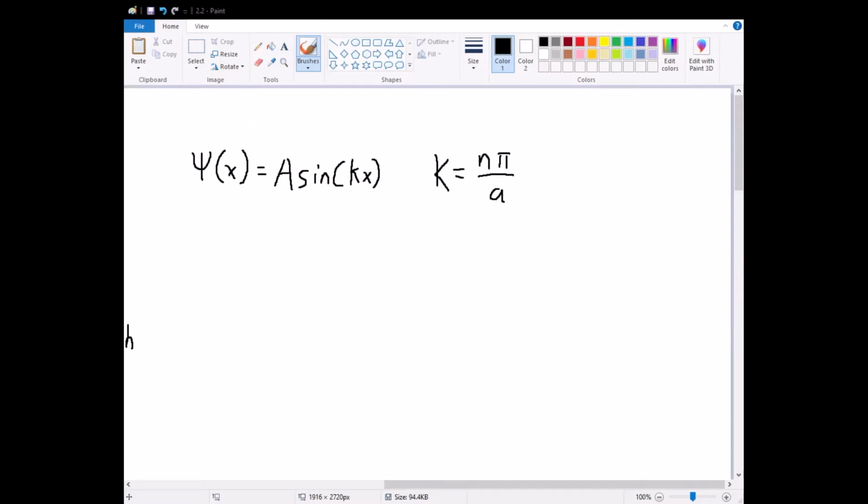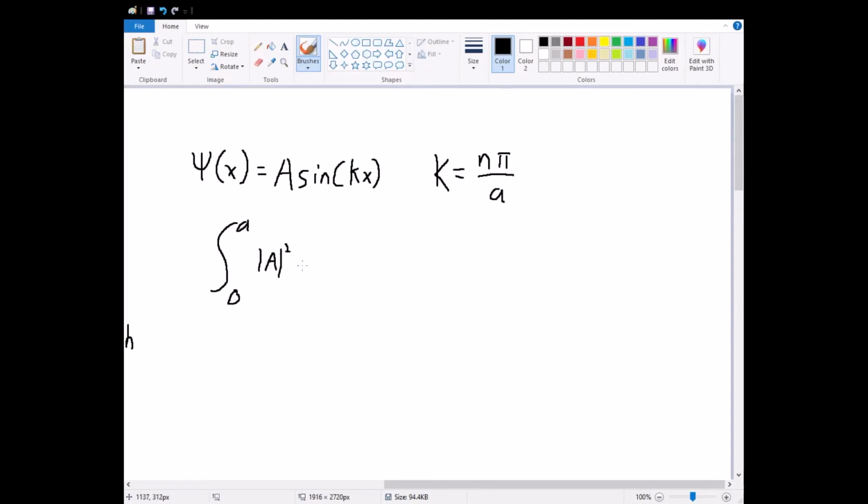We are almost done with our long derivation journey here. The only thing we have left to do now is to find the normalization constant A. So let's do that right away. We know that psi has to be normalized, so we can enforce the condition that the integral, not from negative infinity to positive infinity but from 0 to a, because that's the only area where our wave function is defined anyway, of the magnitude of A squared times sine squared of kx dx, necessarily equals 1.